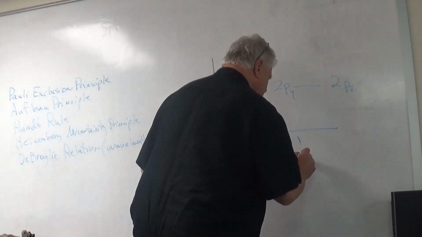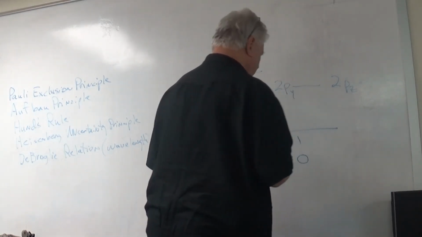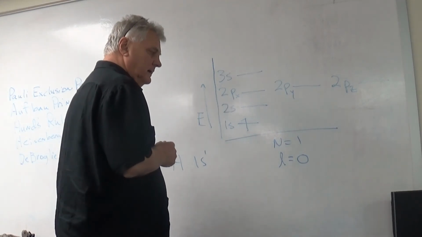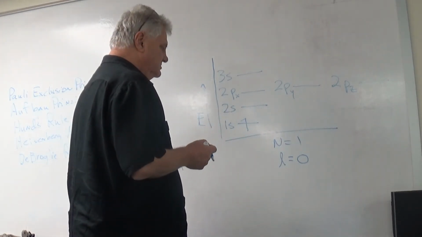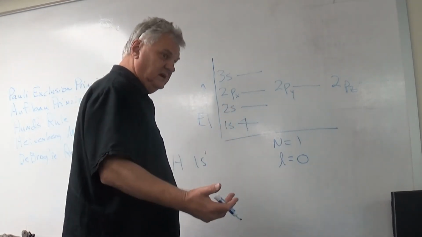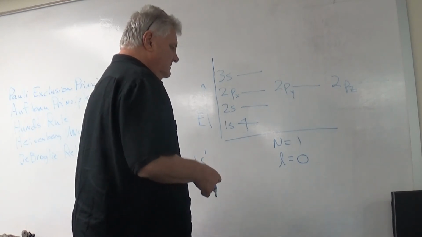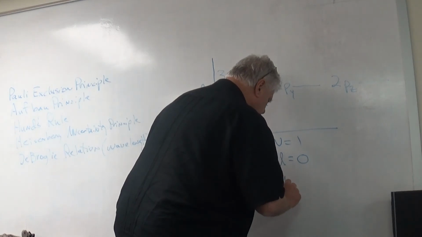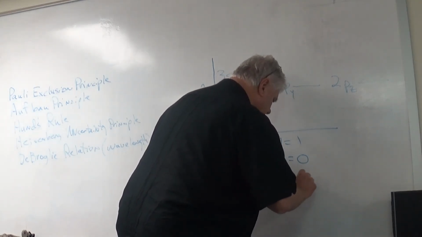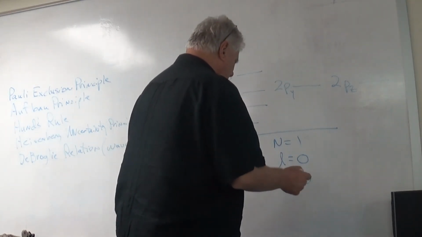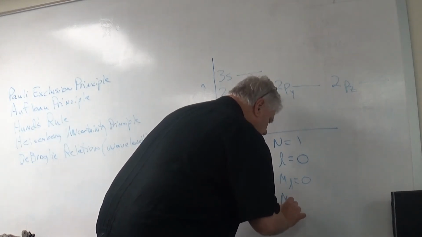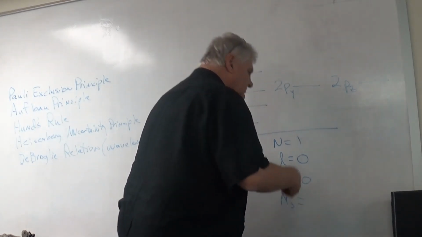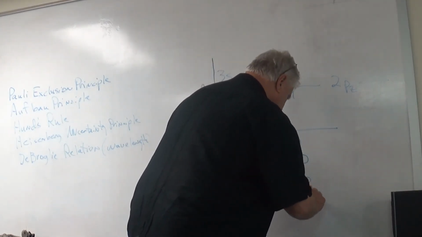So l has to be 0 when n is equal to 1. And m sub l ranges from minus l to plus l as integers, but if l is 0, m sub l has to also be 0. And then there's two possible spin quantum numbers, plus 1/2 and minus 1/2.